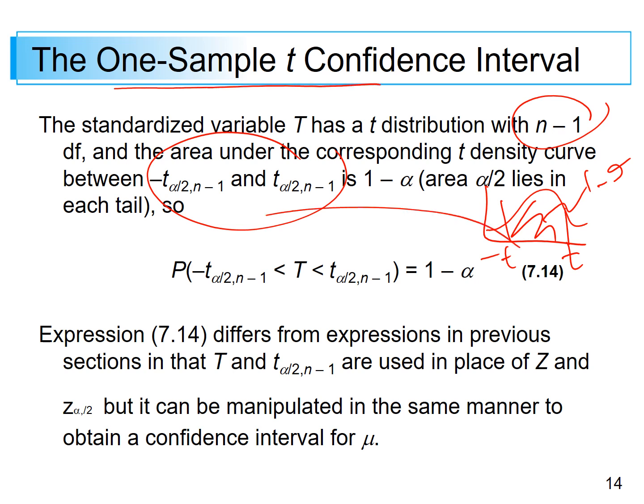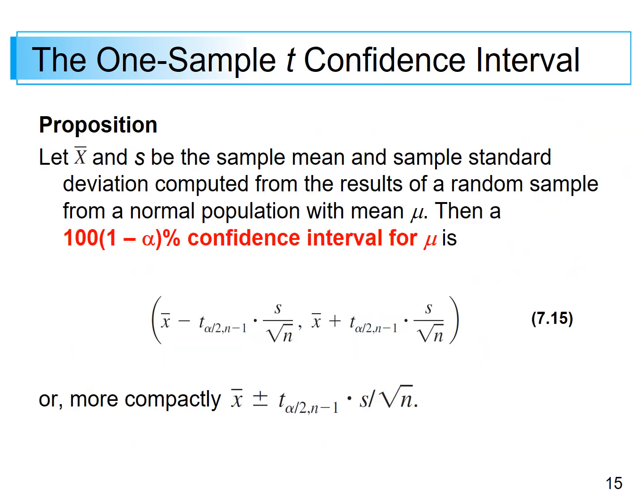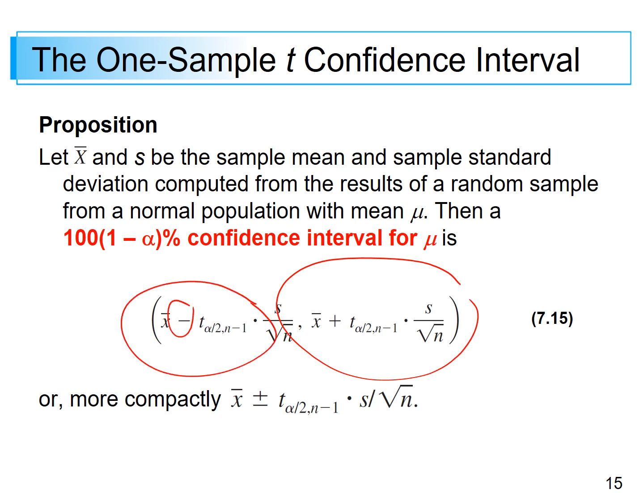We manipulate this equation to get a confidence interval. So now the endpoints of the confidence interval for the population mean are computed as the sample mean plus or minus t alpha divided by 2 with n-1 degrees of freedom times s divided by the square root of n.